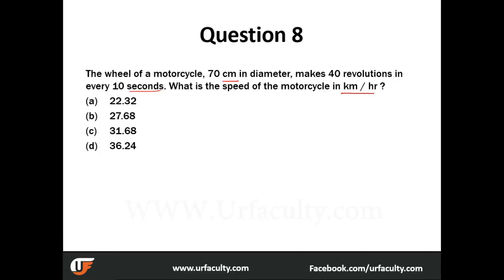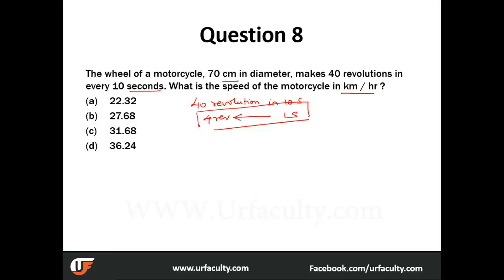So if it makes 40 revolutions in 10 seconds, how many revolutions will it make in 1 second? 4 revolutions, right? So let's have this data handy now. 4 revolutions in 1 second.